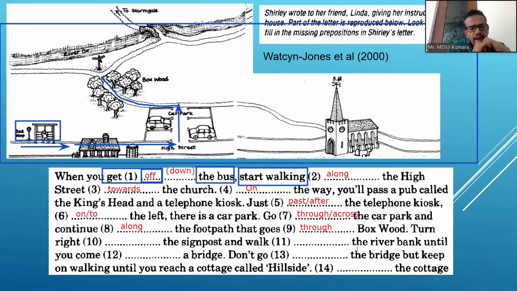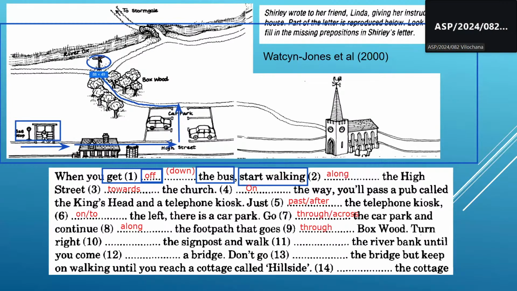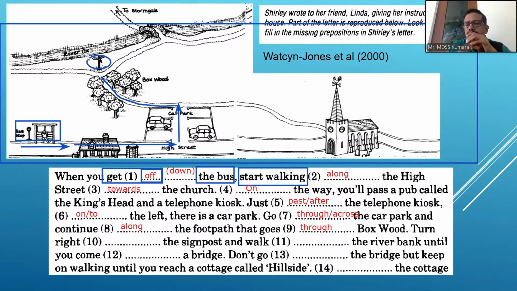Turn right blank the signpost. Turn right from. Any other answer? Now, signpost is a fixed place.